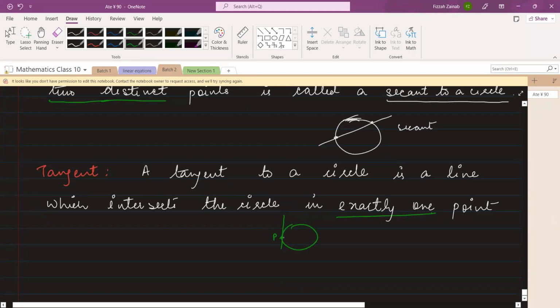Now this point P, as you can see, is a common point, right? This point P is a part of the circle also. This point P is part of the line, if I give it some name, line AB, also, right? So this point P is called the point of contact.